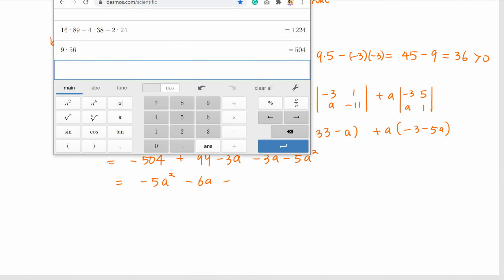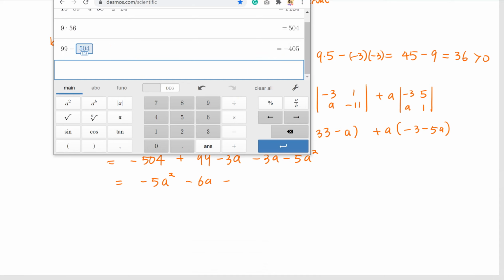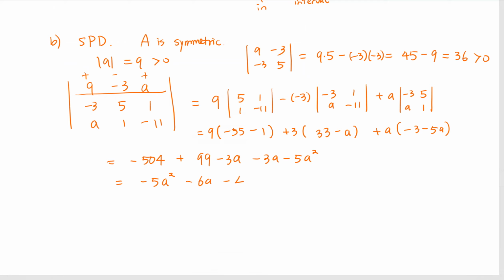So here, we can do 99 minus our previous answer, 504, which equals -405. Oh, we want it to be positive. Well, let's multiply by -1, then we have 5a squared plus 6a plus 405 is negative. So far so good, everybody? Okay.